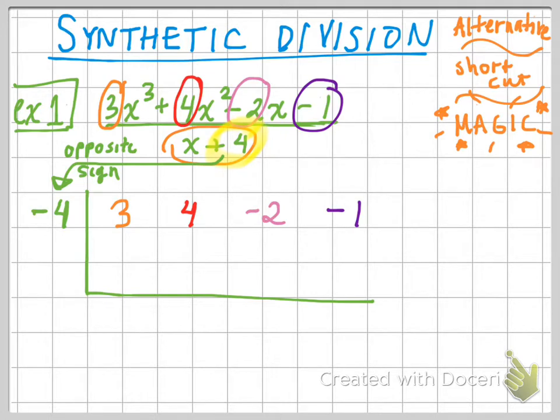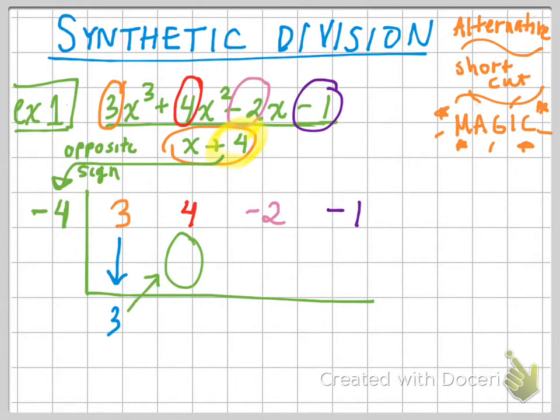Okay, so now we're ready to begin the process. The first thing we're going to do is, starting from left to right, we're starting with the 3. The 3 just gets brought straight down below the bar. And now I'm going to take that 3 and multiply it by the negative 4, and that's what I'm going to write in this new spot right here.